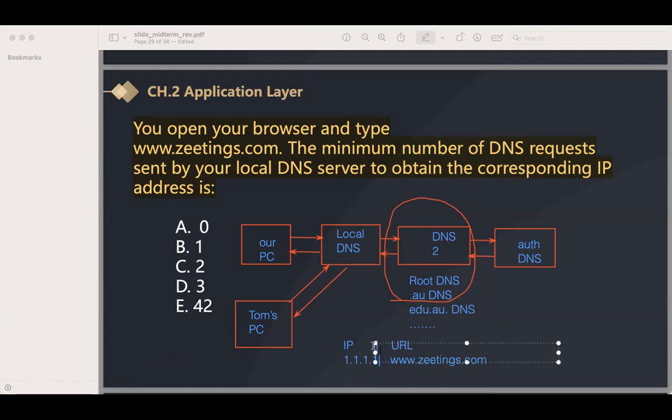So you can see this table is already inside the local DNS. So when we reach the local DNS, it can directly give us the answer, which is 0 hops, right? So this one is the answer.